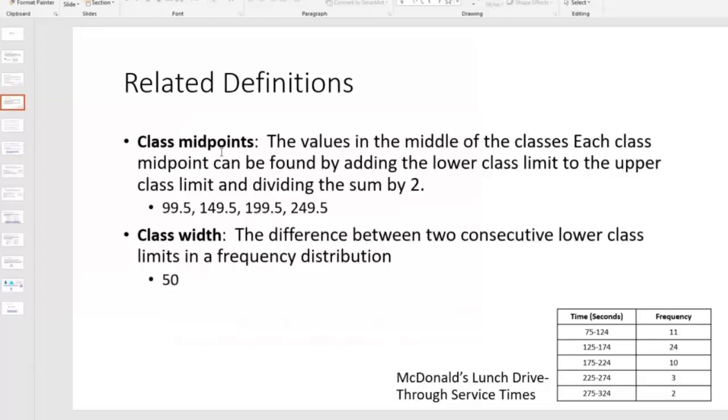Midpoints. The class midpoint is the value that's in the middle of the class. Between 75 and 124, the value exactly in the middle of that class is 99.5. How do you find the midpoint? The midpoint can be found by adding those two numbers, 75 plus 124, divided by 2.